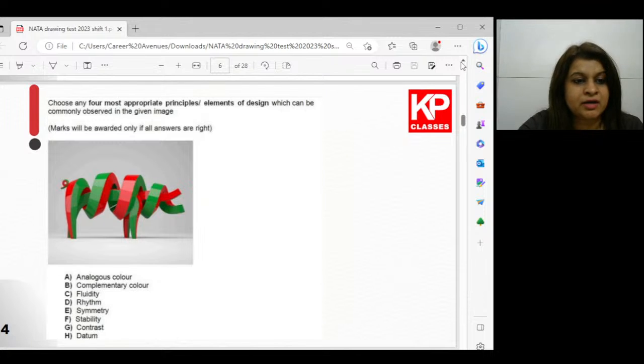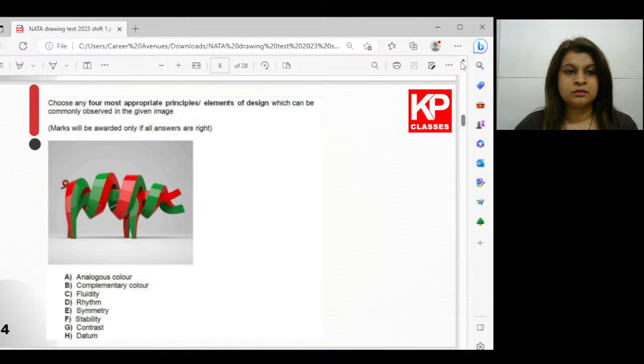And the best way to learn about elements and principles of design is not only knowing the proper definition of it, but also trying to identify as much as possible. Look at as many pictures as possible. They can be part of some famous photographs by photographers. They can be paintings.